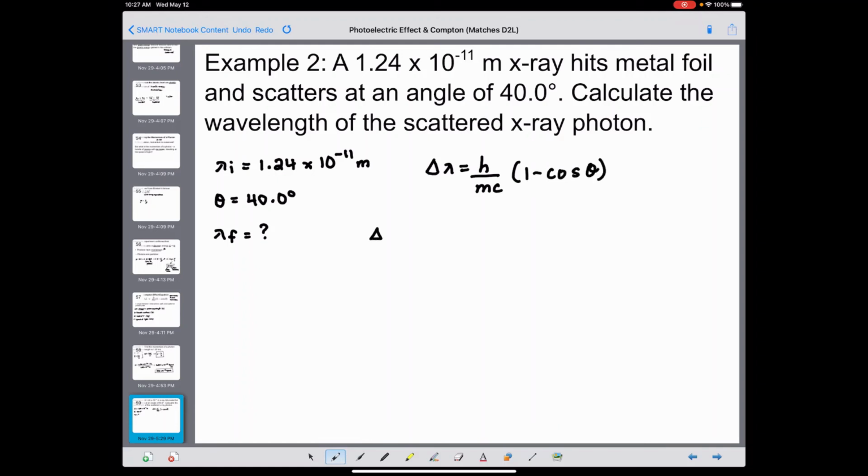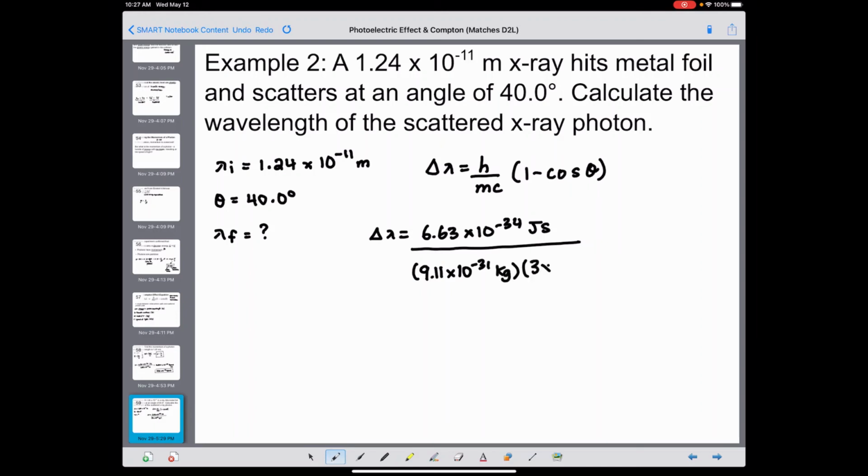Okay, so change in wavelength, H, so again, H should be in joules seconds. M is the mass of an electron. So because the X-ray is scattering off an electron, M is the electron's mass, which remember is on the back of your formula sheet.